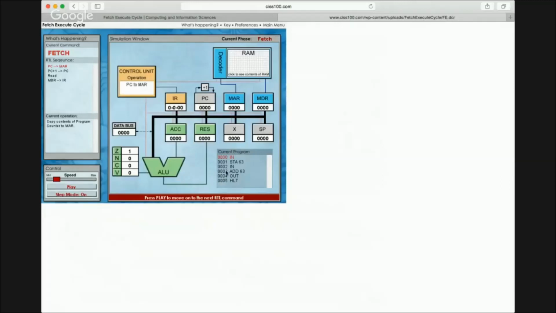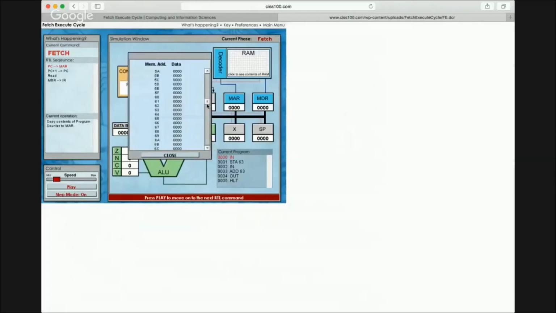So this current program, here it is in assembly language. Well, it's stored in memory. It's up in RAM. And if I double-click RAM, if I go all the way back to location 0, what do we see? 5,000, 2063, 5,000, 3063. Those were the corresponding machine instructions for this assembly language program.